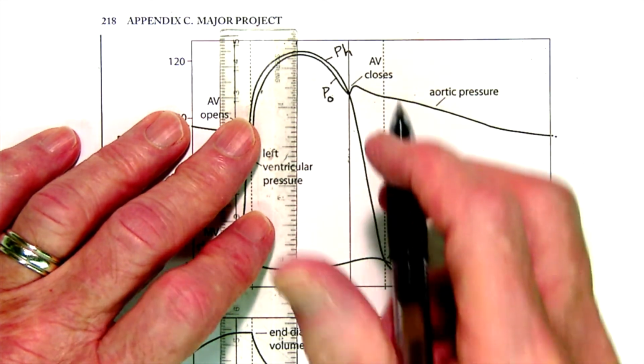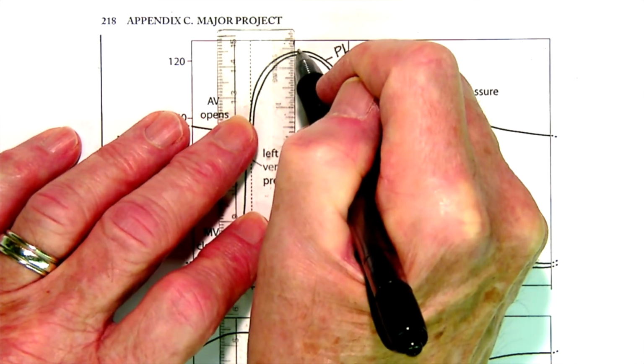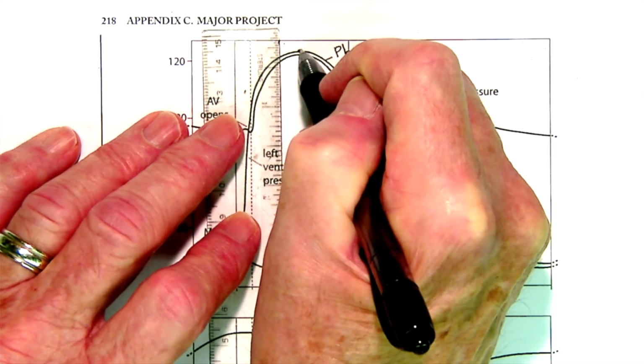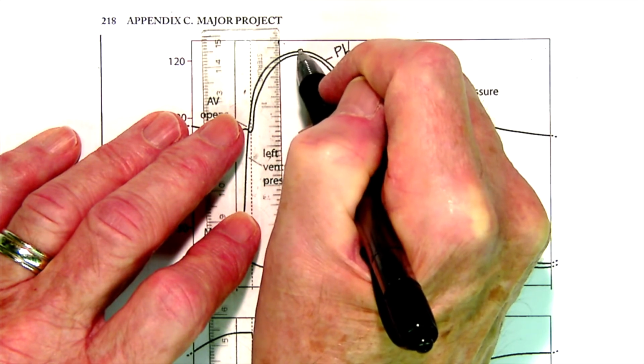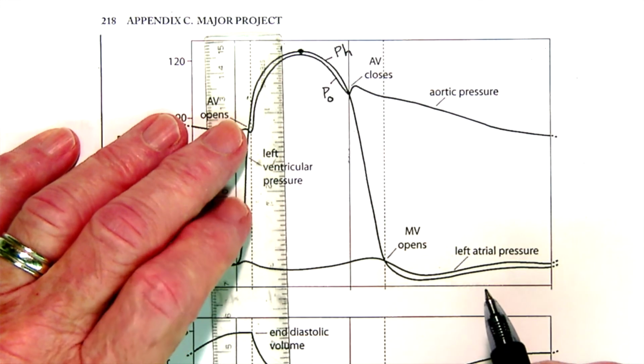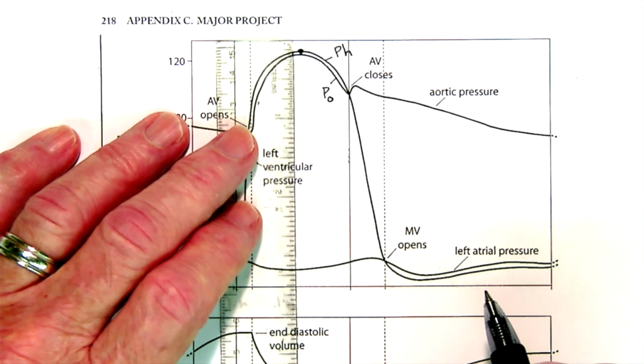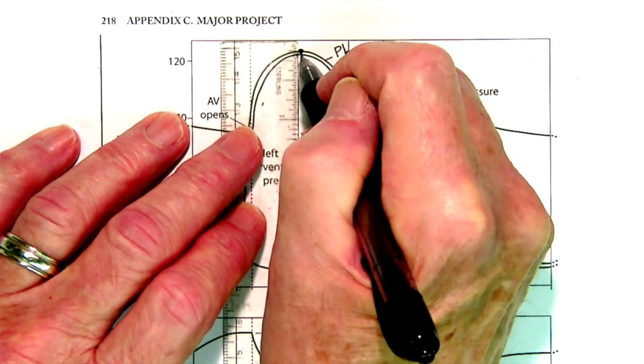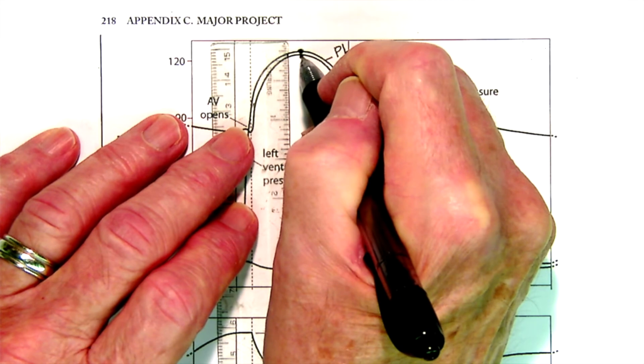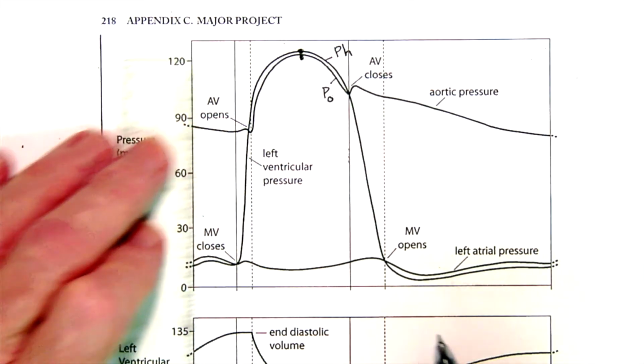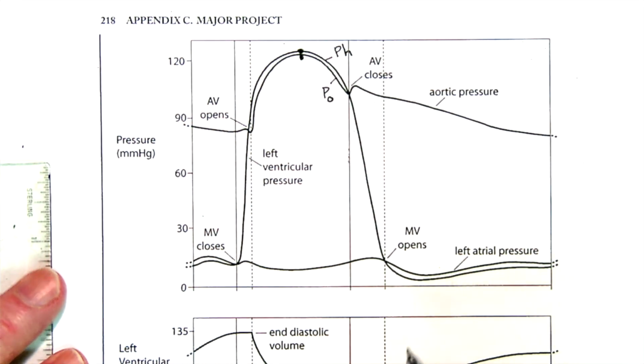So the pressure in the heart during systole, I'm going to say, is where the ruler touches that very upmost curve right there, whereas the pressure in the aorta is where the ruler touches the lower curve right there. Now those two dots aren't very far apart from each other.